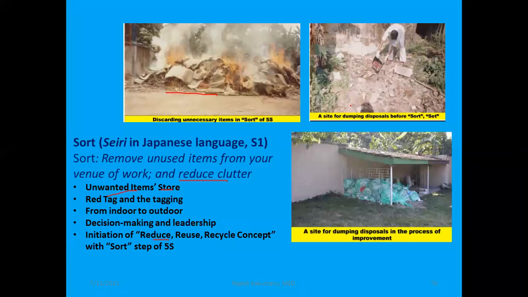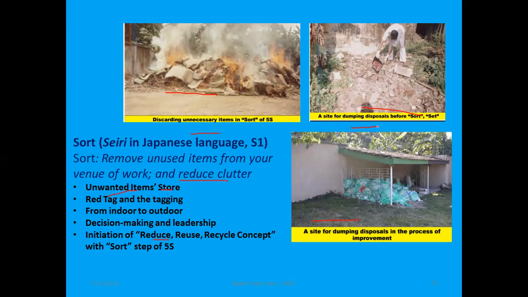Next, a site for dumping disposables before sort. Whatever sludge or items are coming, what you have to do is go for dumping deposits before sort. Next is discarding the unnecessary item.